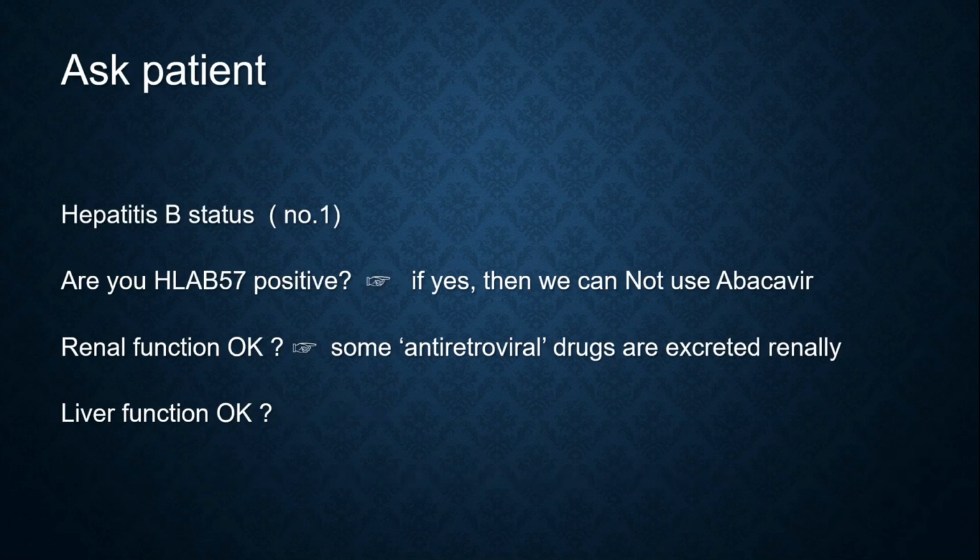Before giving HIV treatment, ask the patient if they have hepatitis B, and whether they are HLA-B 57 positive, because if yes, then we cannot use abacavir. Also check if the patient's renal function is okay, because some antiretroviral drugs are excreted renally, and if their liver function is okay.